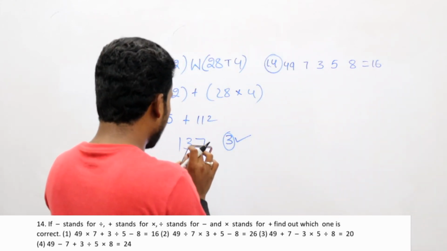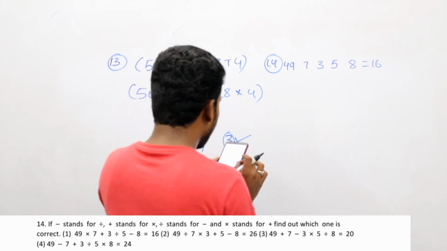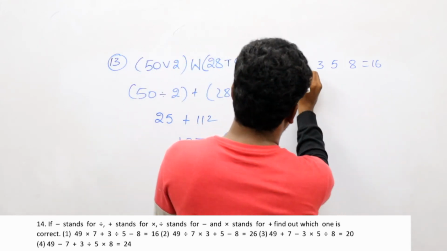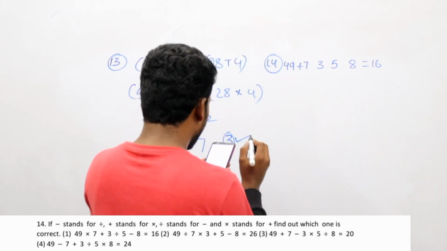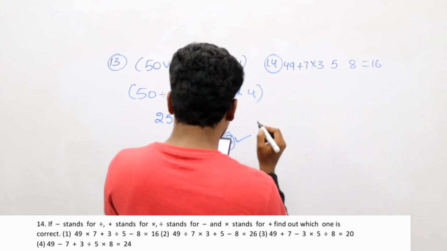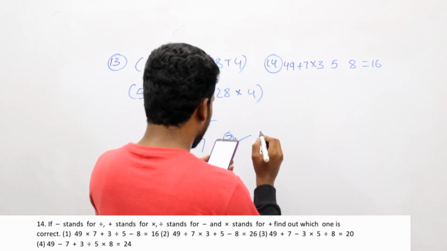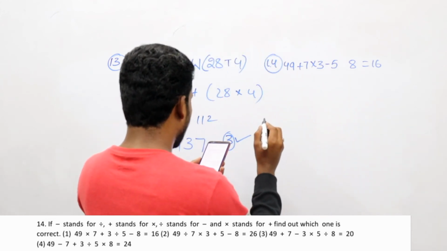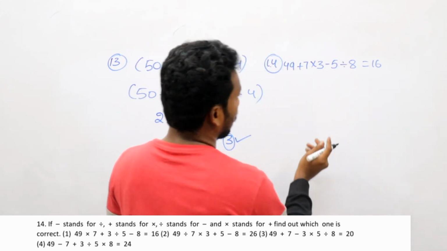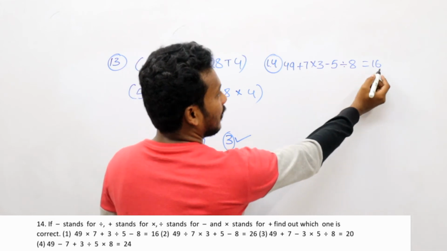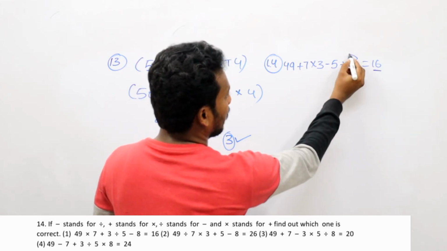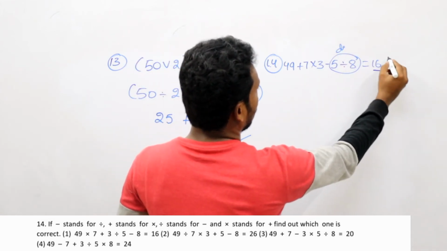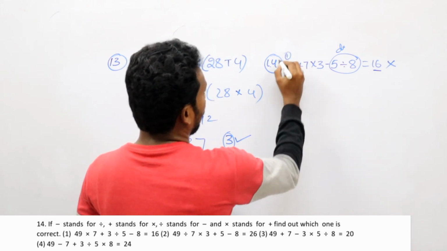First one is into, plus. Into stands for plus, and then plus stands for into, and then division stands for minus, and then minus stands for division. 5 divided by 8 here, we are getting a decimal, but here it should be an integer. That's why the first option is wrong.